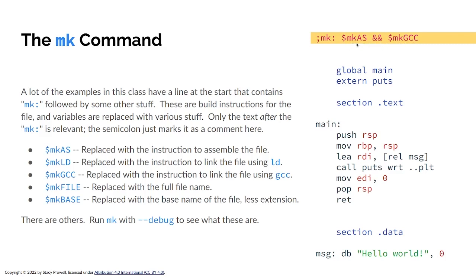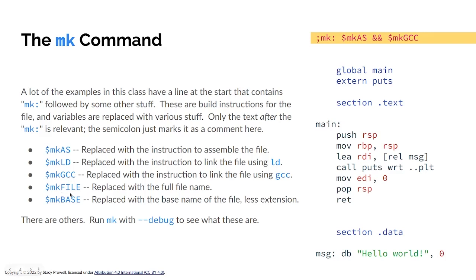But if the assembly phase does not work, stop. Pretty straightforward stuff. There are a lot of different variables defined by it, but the important ones are things like this. Make AS assembles, make LD links using LD, make GCC links using GCC, which calls LD, but it does it after wrapping your code with some other stuff.